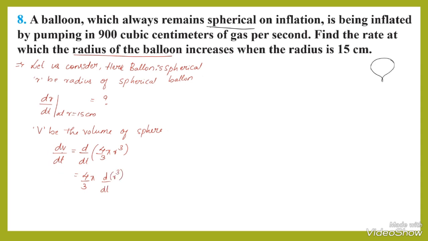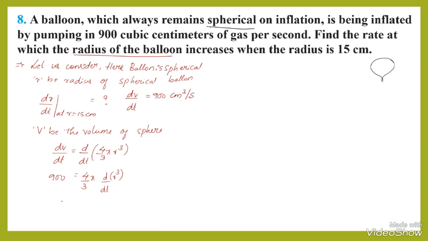What is dV by dt? Here they gave 900 cubic centimeter per second. So I can substitute 900 here.